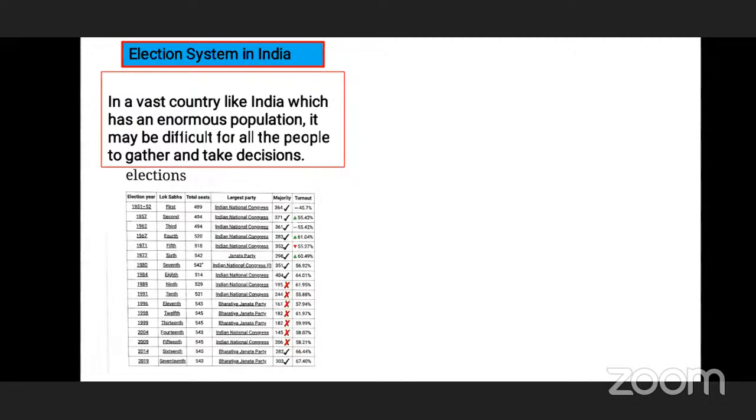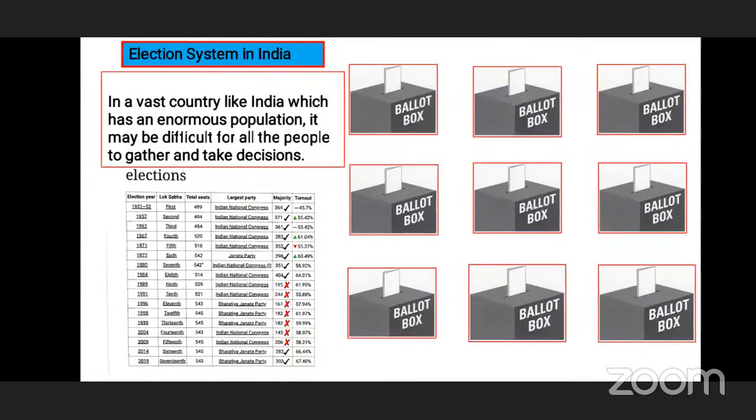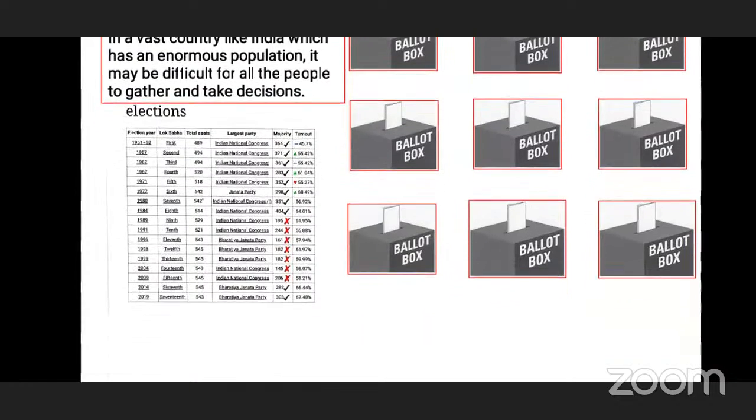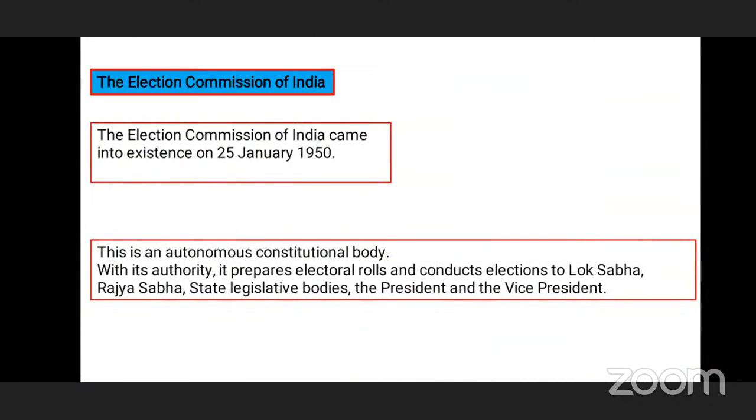India is the largest democratic country in the world. What is the election system in India? Look at this one, the Election Commission. Let us discuss the Election Commission. The Election Commission was set up on 25th January 1950. This is an autonomous constitutional body.